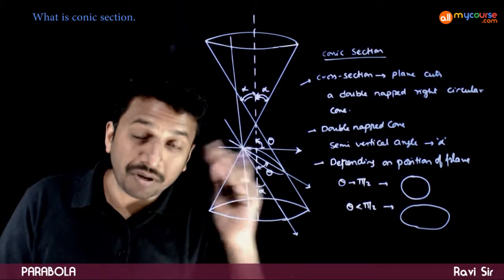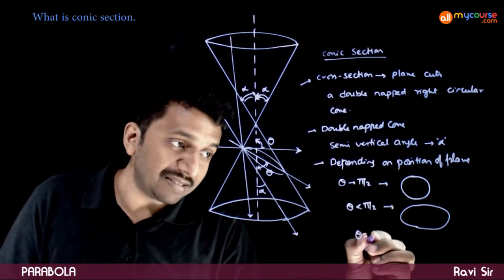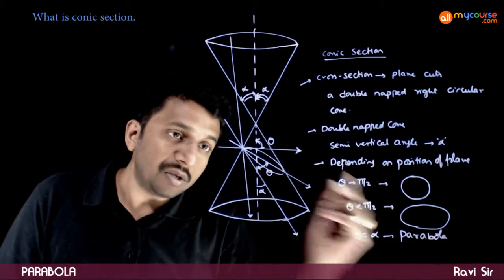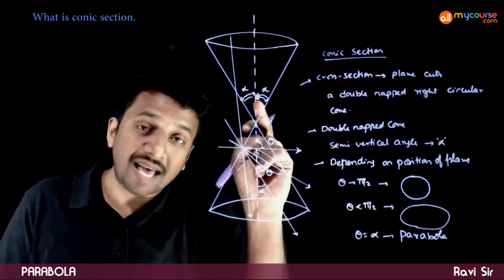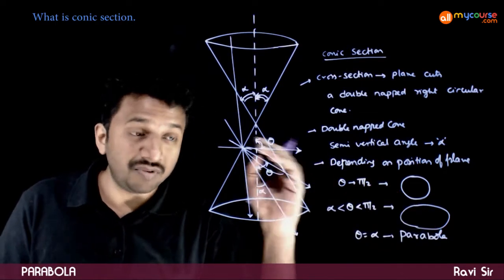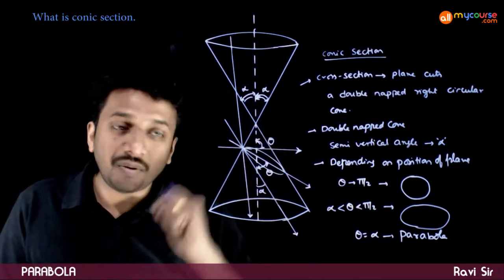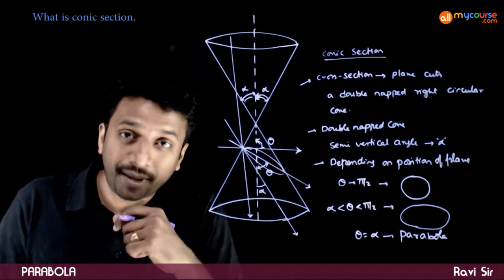So you get an open cross section which we call a parabola. As long as the angle is between 90 and alpha, you get a closed cross section called an ellipse. Exactly when the angle is equal to alpha, you get an open cross section called a parabola.